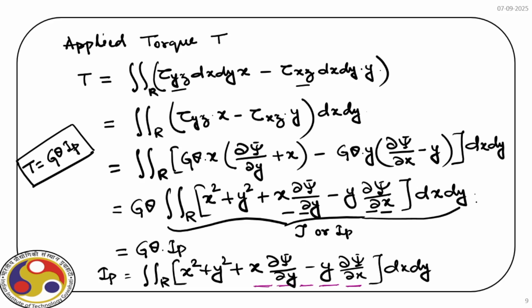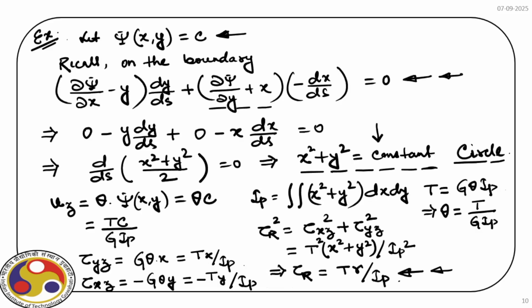Using this expression, you find out the polar moment of inertia, and then from the displacement field, you can easily find out the strain and stress, and also the resultant stress. And as you keep on changing x and y, we can also find out the stress profile over the cross section when we consider arbitrary section and warping.